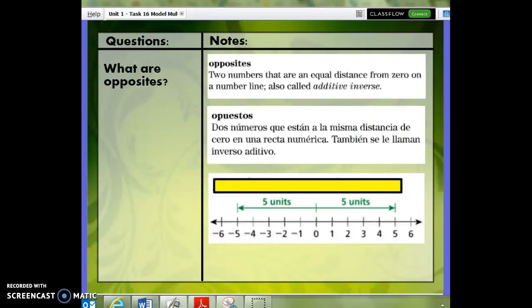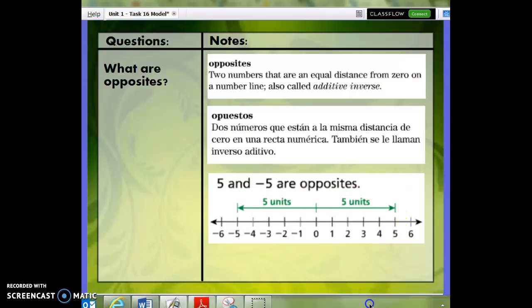I'm going to start by reviewing opposites. Opposites are two numbers that are an equal distance from 0 on the number line. So for example, if I start at 0 and I go to the left 5 units, 1, 2, 3, 4, 5, I find negative 5. And if I start at 0 and go to the right, the same number of spaces, 1, 2, 3, 4, 5, I have the number positive 5.